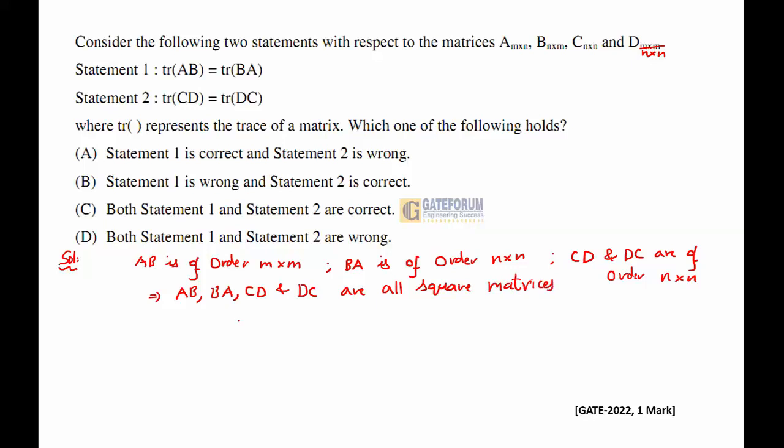So we know that trace AB is equal to trace BA, by properties. This implies trace CD is equal to trace DC.